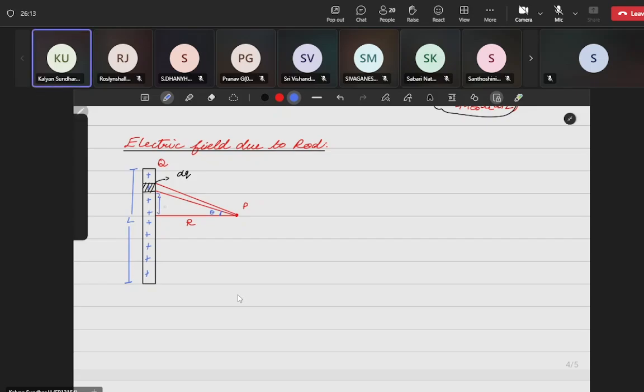This distance from this point, let me take as x. Theta, x. This is the radius, small r, some other parameter. So let me take this as small r, and the small angle subtended will be d theta. So in dq your radius is small r and your angle subtended will be d theta.